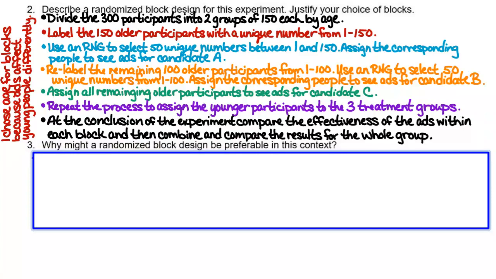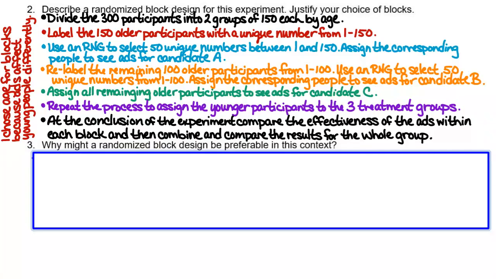All right, last thing up here. Why might a randomized block design be preferable in this context? Is it not just that older people are more likely to be susceptible to ads?